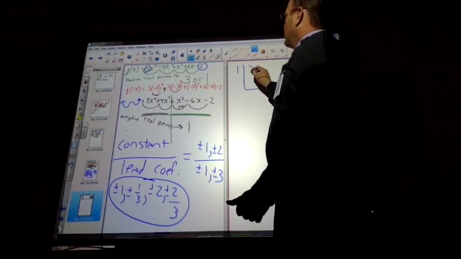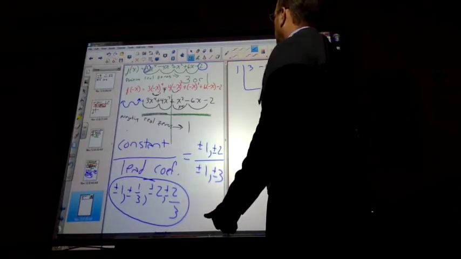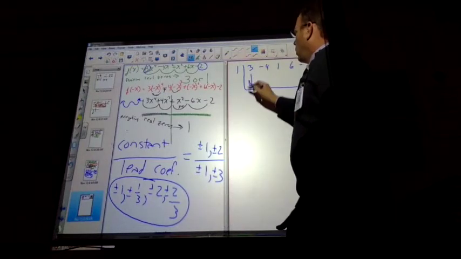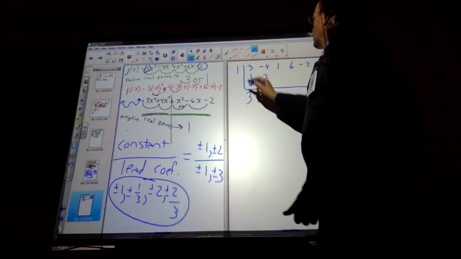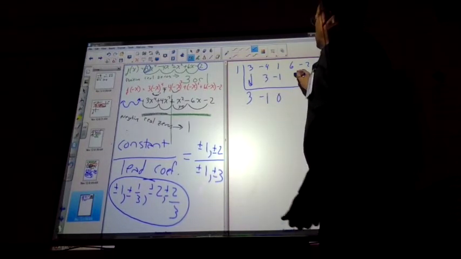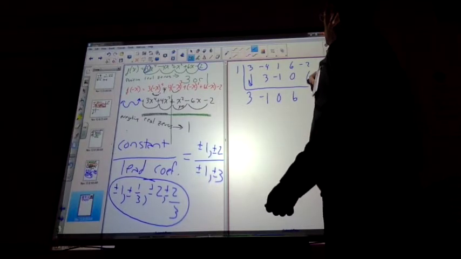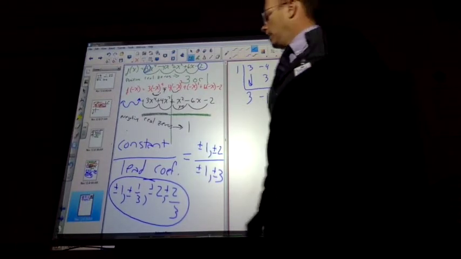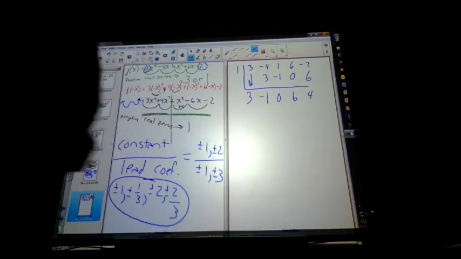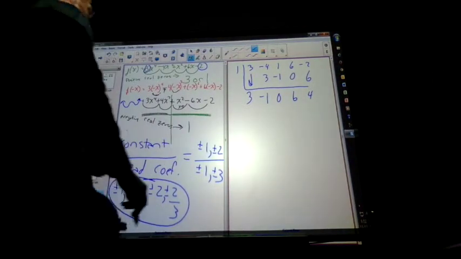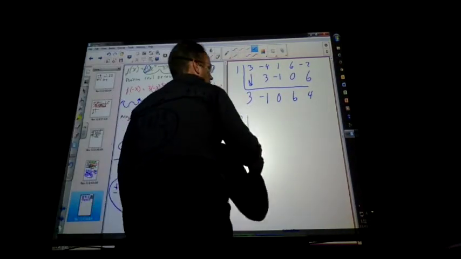So I have 3, -4, 1, 6, -2. Doing it quick. Is 1 a solution? No. So I'm going to go to the 2 because 2 should be just about as easy to do.